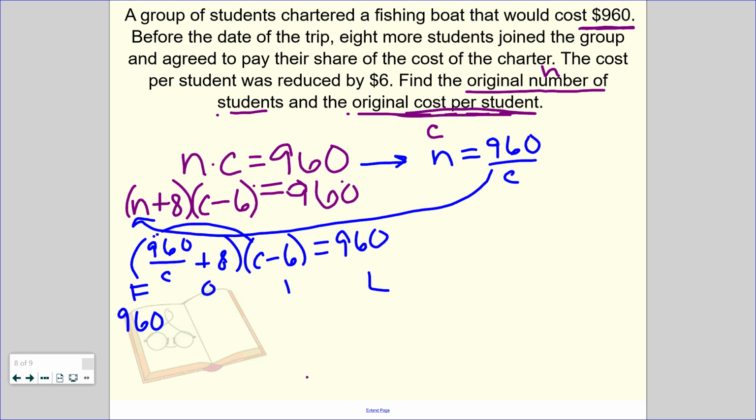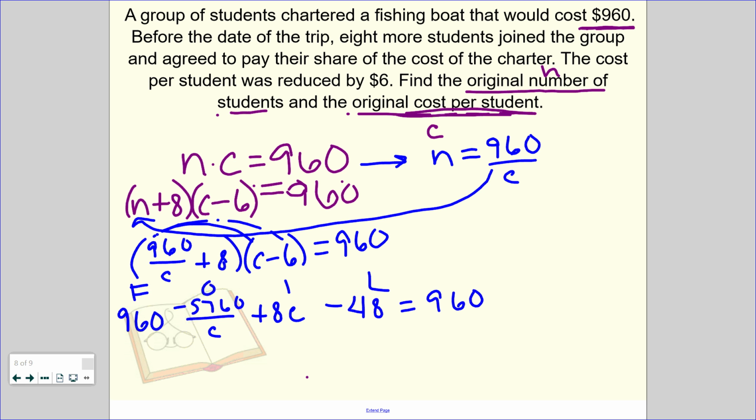My outside terms, 960 times negative 6 over C. Let's see, 960 times negative 6 is negative 5,760 over C. My inside terms are 8C. And my last terms are negative 48 equals 960.